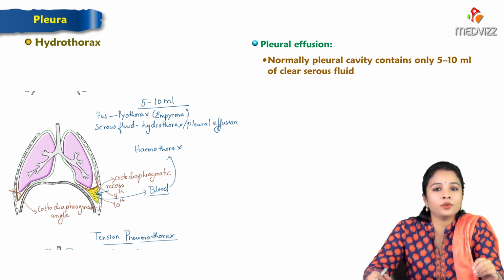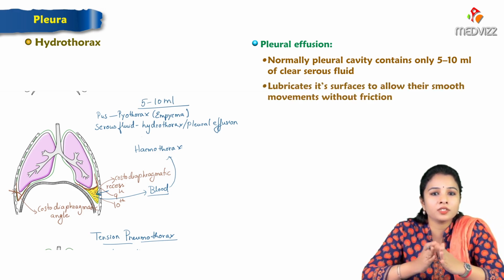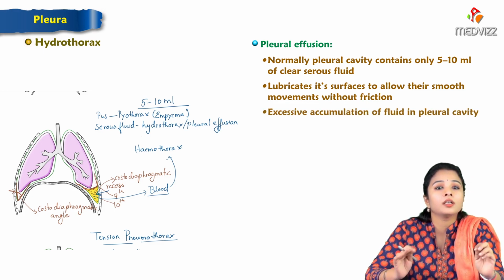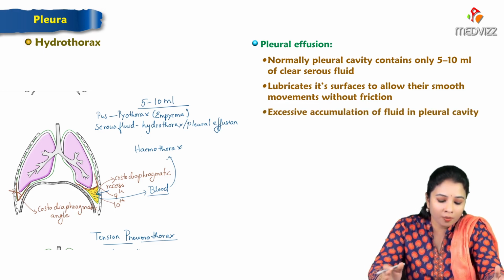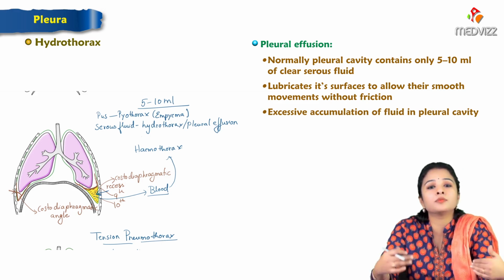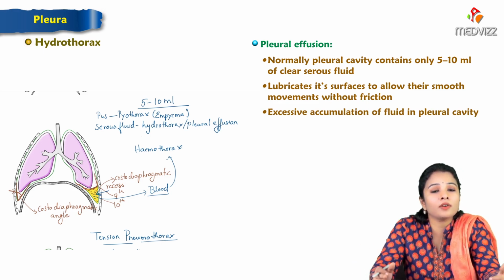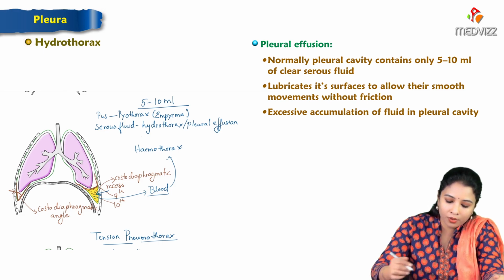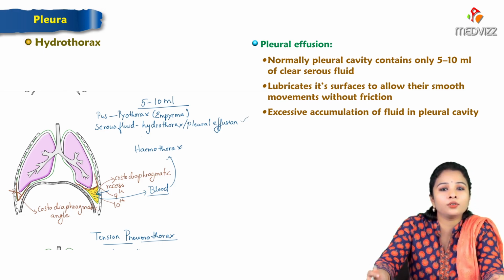This fluid lubricates the pleural surfaces to allow their smooth movement without any friction. Suppose instead of 5 to 10 ml, it is beyond 10 ml. Excessive accumulation of fluid in the pleural cavity is called pleural effusion or hydrothorax.